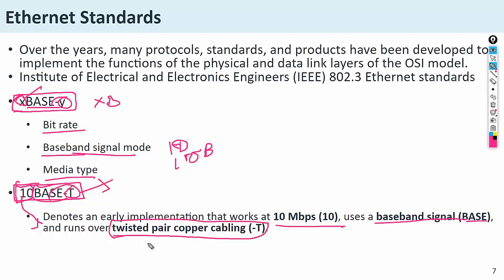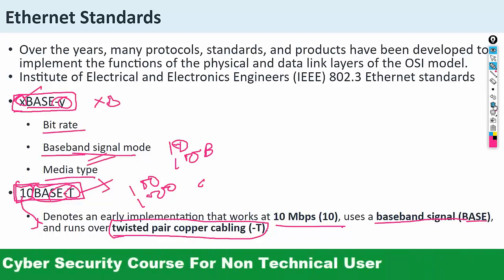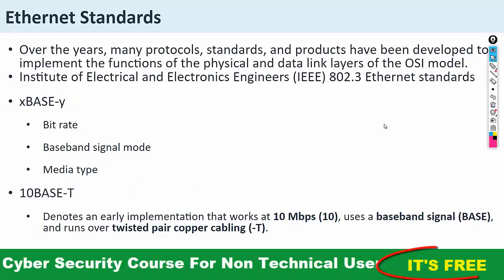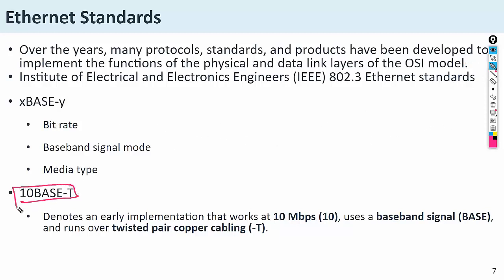Similarly, there is 100Base, there is 1000Base, there is a media type CR, and much more. I hope you understand how the standard is defined, and whenever you find anything written like this, you will easily identify the standard of that particular Ethernet.